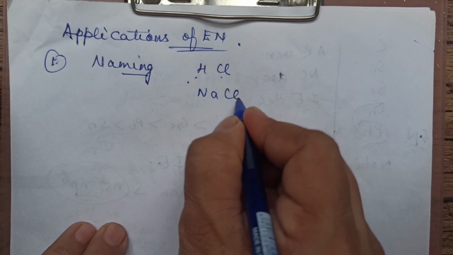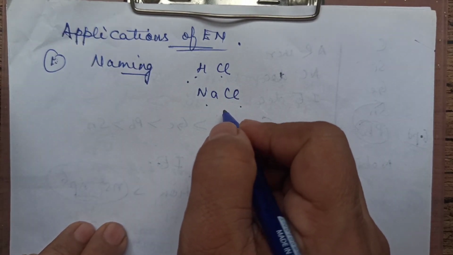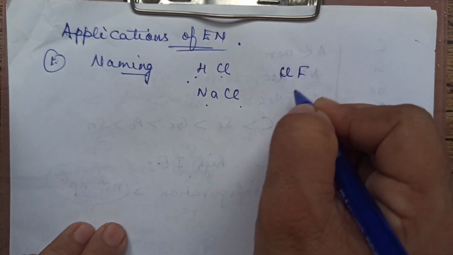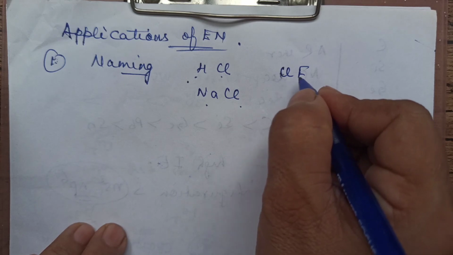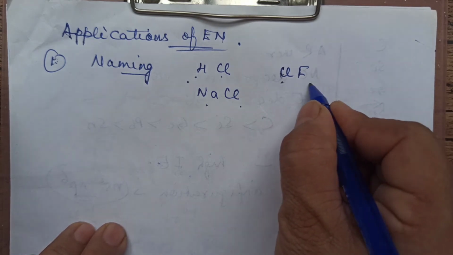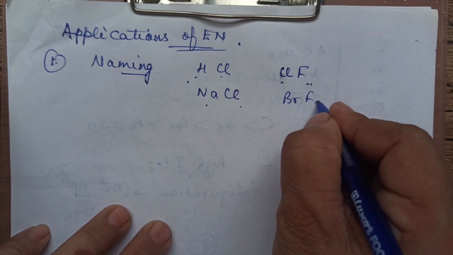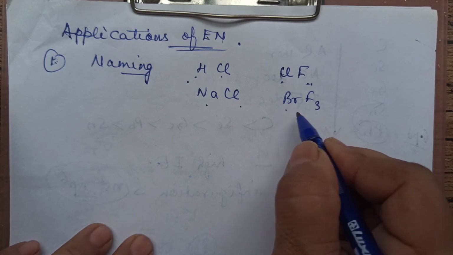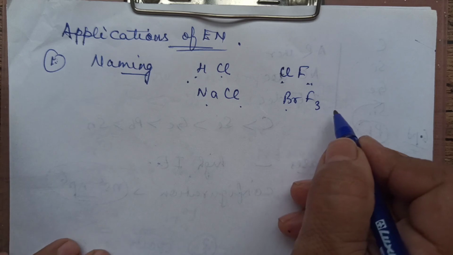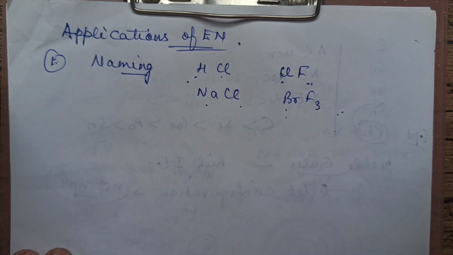NaCl, you name it as sodium chloride, not the reverse. You can take any example. You can take interhalogen compounds, ClF. You will name it as chlorine fluoride, not fluorine chloride. This is the correct name. Suppose I write BrF3, I will name this as bromine trifluoride. Always the more electronegative element is named at the end, the less electronegative element is named first.